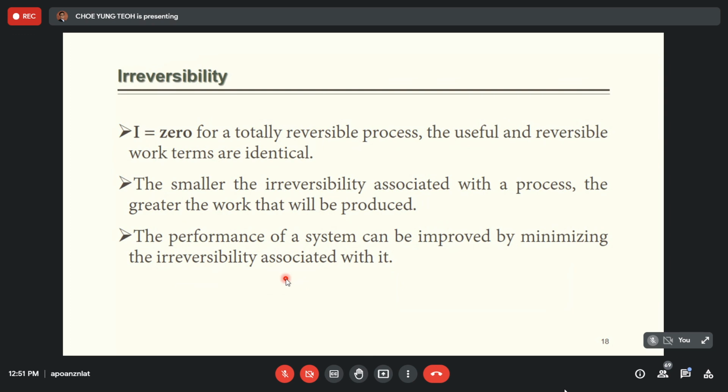But for a given temperature and pressure, the entropy for a gas is actually fixed. It's a constant. So it means that we can always know the entropy of the system by referring to the temperature or pressure of the system. Let's say for water, if I want to know the entropy, I can just refer to the steam table.